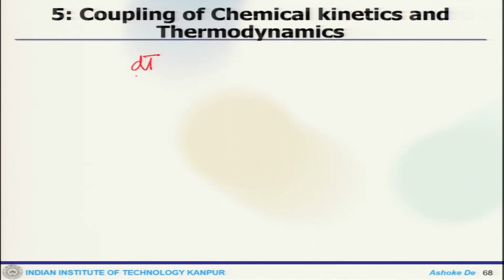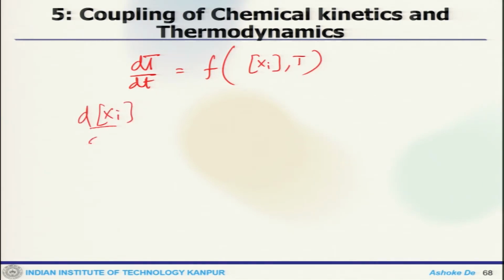So, what we get for dT/dt is a function of this and this, and for dx_i/dt we get a function of this and T, for i equals 1, 2 up to n. So, these are my equations.